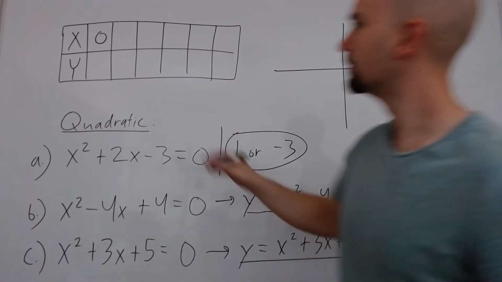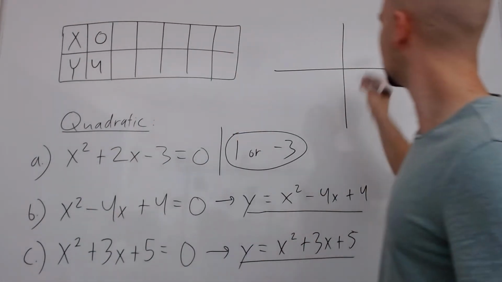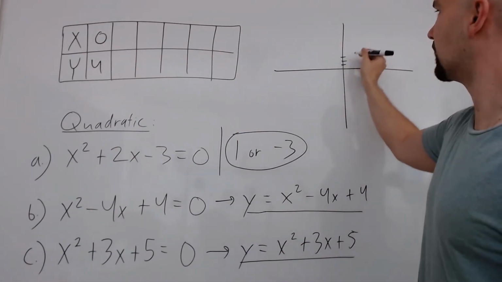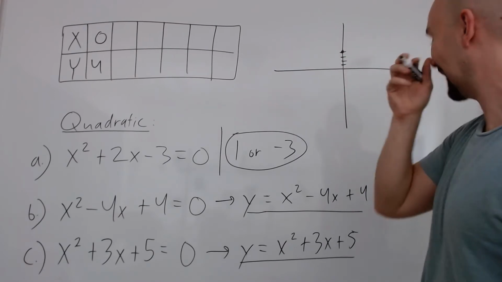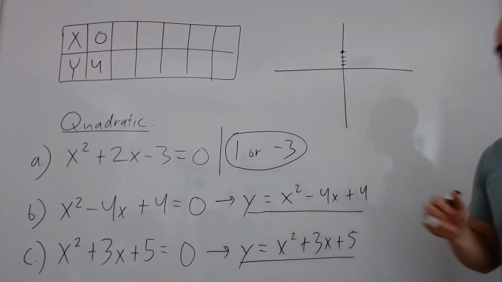You don't even need to compute that. You can always know that anything not attached to x, a constant, is going to be your y-intercept.